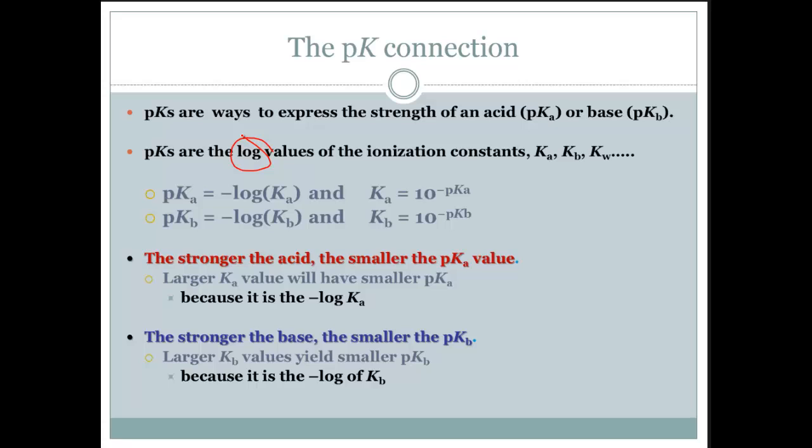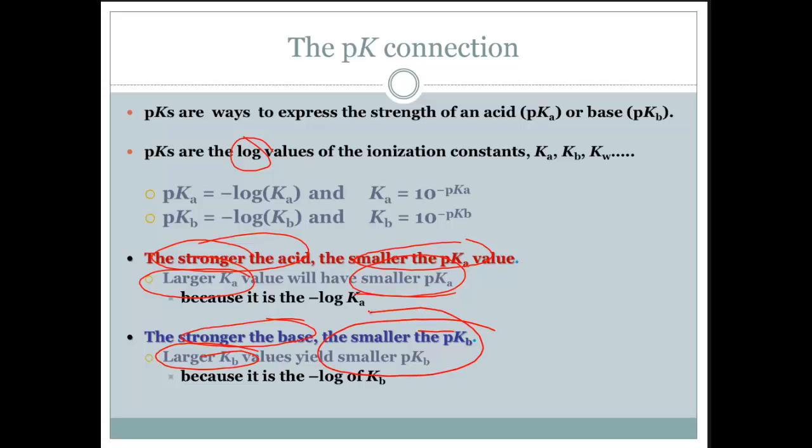The stronger the acid, the smaller the pKa. The stronger the acid, the larger the Ka, and then the smaller the pKa. This is because this is the negative log of Ka. Once again, the stronger the base, the larger the Kb, which results in the smaller the pKb.